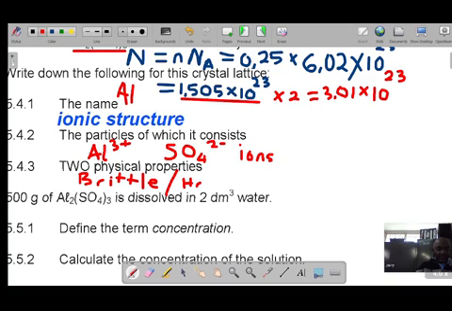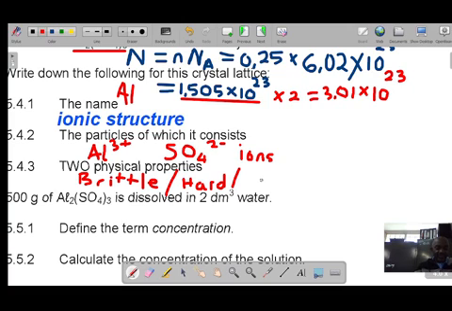Not only that, but they don't conduct electricity, they don't conduct heat, and they have high melting points. You can write any two of those, okay?